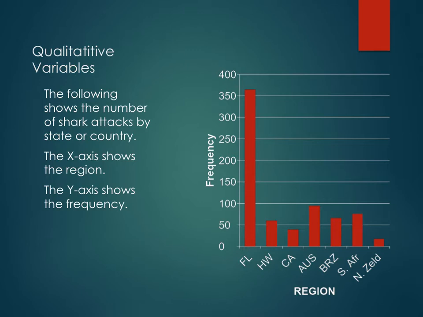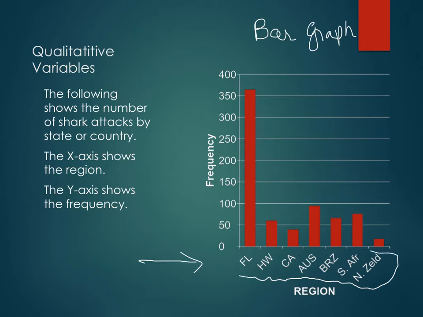For qualitative variables, the following bar chart, or bar graph, shows the frequency of shark attacks by state or country. As you can see, our categories are either state or country, and that is our x-axis. Our frequency axis, which is the y, shows the number of shark attacks.